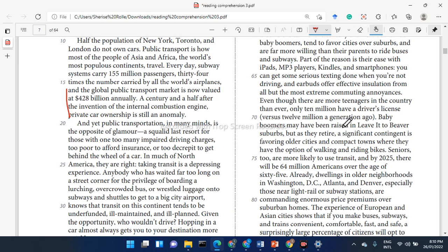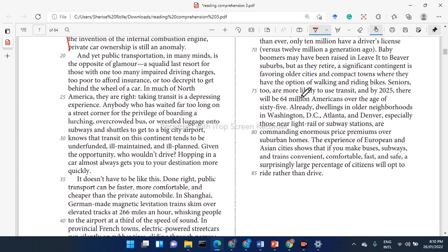Baby boomers may have been raised in Leave It to Beaver suburbs, but as they retire, a significant contingent is favoring older cities and compact towns where they have the option of walking and riding bikes. Seniors too are more likely to use transit, and by 2025 there will be 64 million Americans over the age of 65.